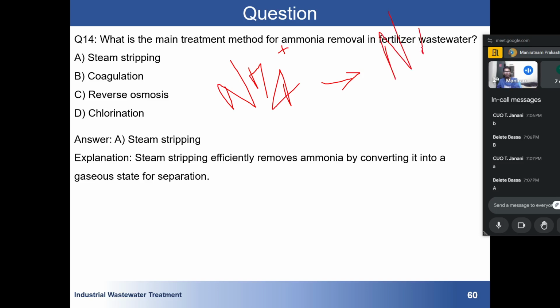NH4 plus goes to NH3 plus H plus. Can anyone say, seeing this reaction, to make this reaction feasible, do we have to increase the pH or decrease the pH? Suppose we want to remove ammonia, then for this, whether we have to increase the pH of the system or decrease the pH of the system.